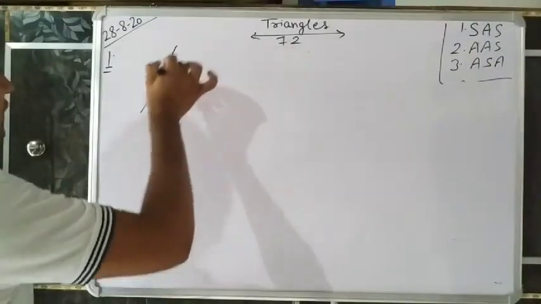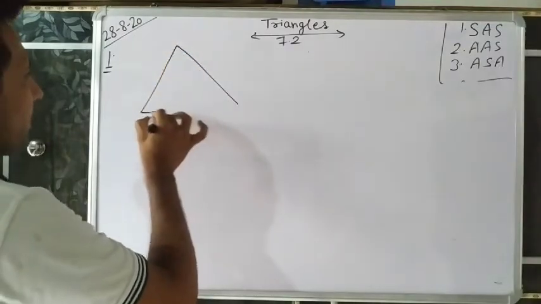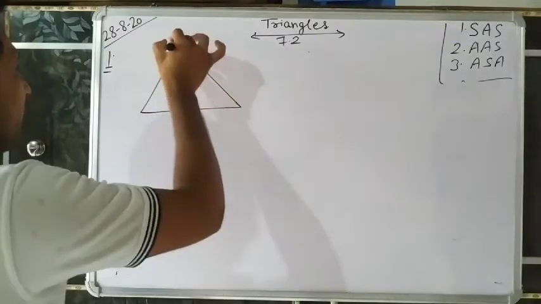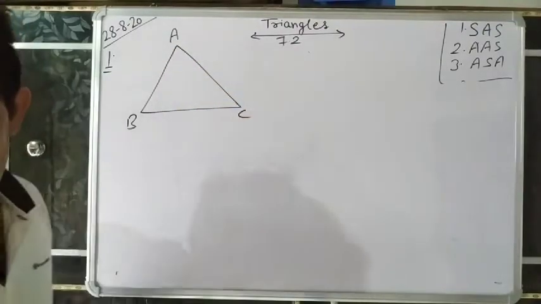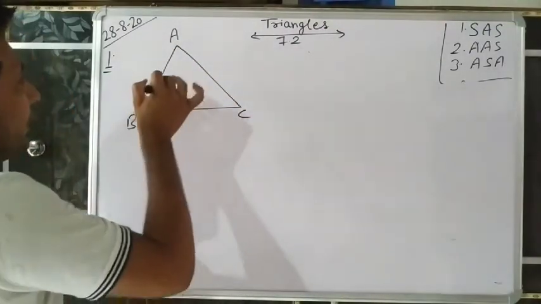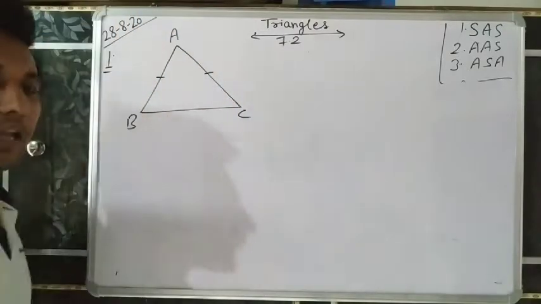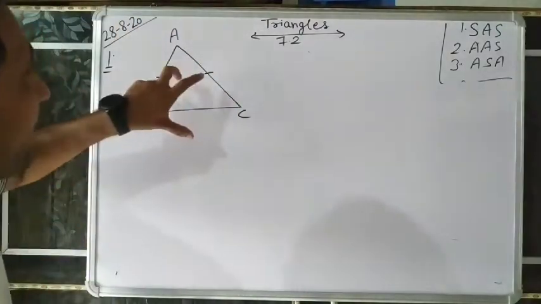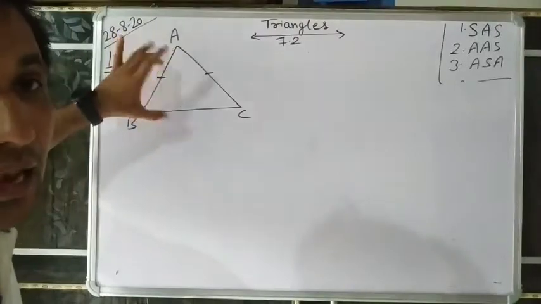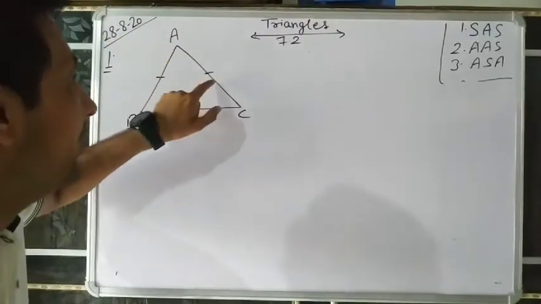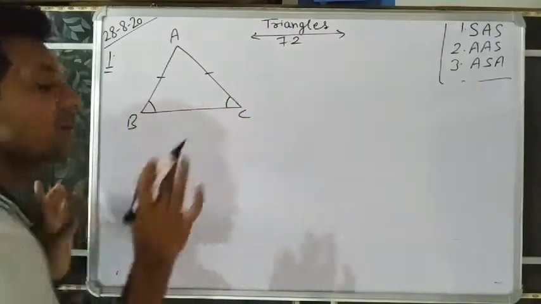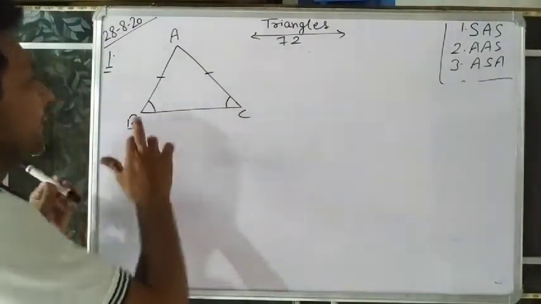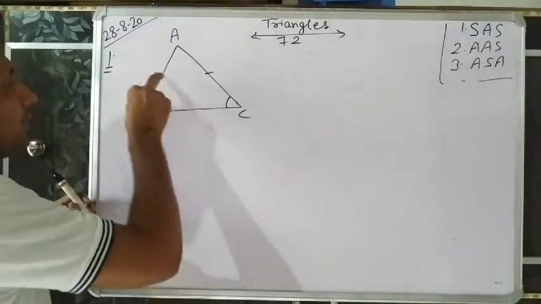So ABC is an isosceles triangle in which AB equal to AC. We know if two sides are equal in a triangle, angles opposite to equal sides are equal. It means angle B equal to angle C, because angle B is opposite to AC and angle C is opposite to AB.